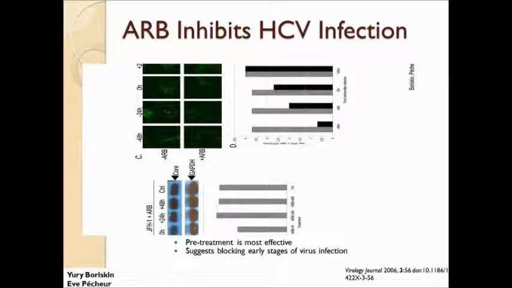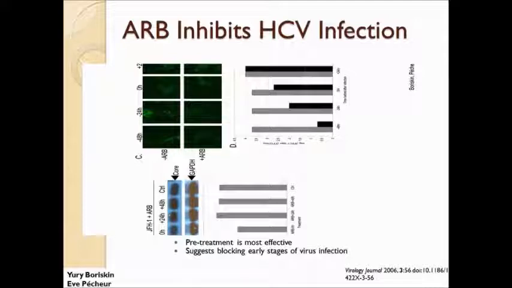You can see that Arbidol, when you pre-treat cells, gives pretty significant suppression of hepatitis C virus infection, and that's true at the protein level and at the RNA level. And if you look at just infectious virus foci, you can see that this pre-treatment really suppresses hepatitis C virus infection.